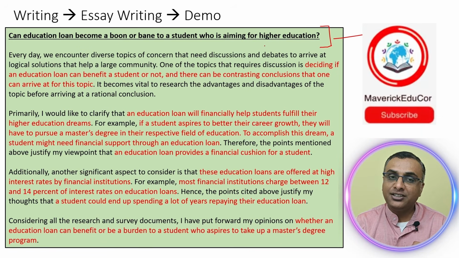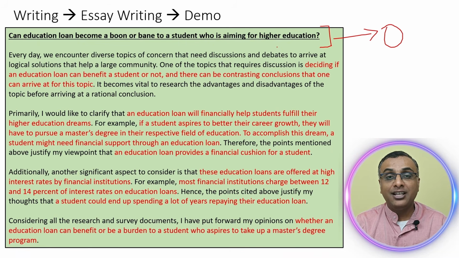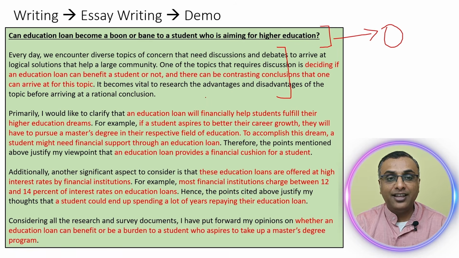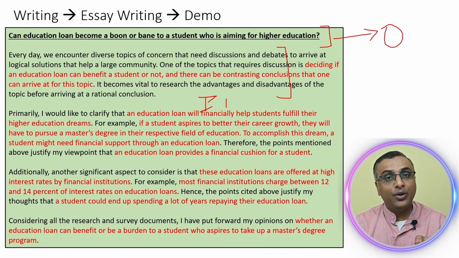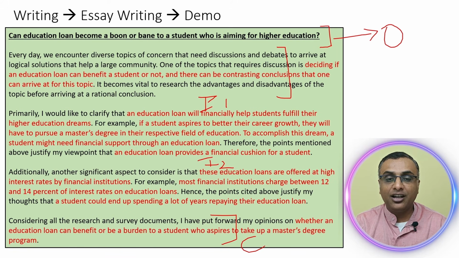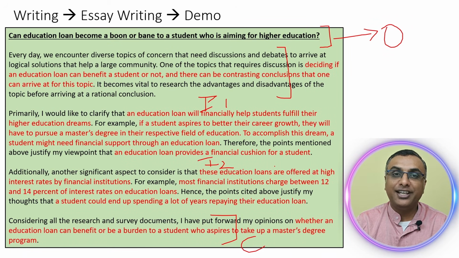Here, I have structured the essay using the template: introducing a subject, introducing more details about the topic itself, then generating idea 1 with a supporting example, then idea 2 with another supporting example, and finally concluding the entire essay. Now let's understand more details about the essay itself.